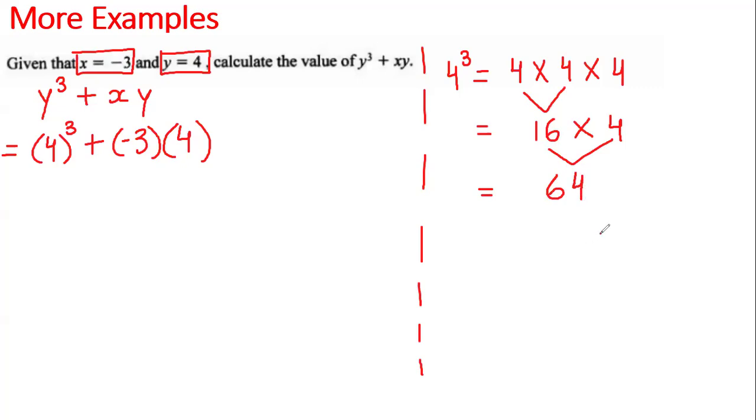Really, just multiply, right? 16 multiplied by 4. 4 times 6 is 24, put the 4 down and put the 2 up. 4 times 1 is 4, plus 2 is 6.